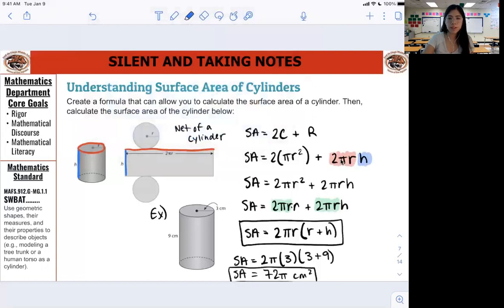So that was the area of the rectangle right here. The area of the circle, you should already know where that comes from. And then we were just combining everything. No questions?